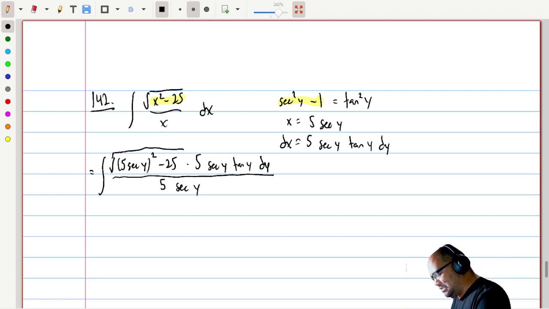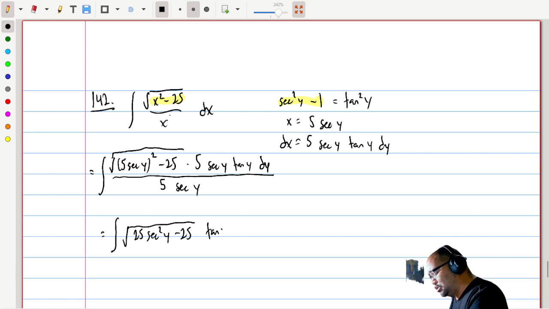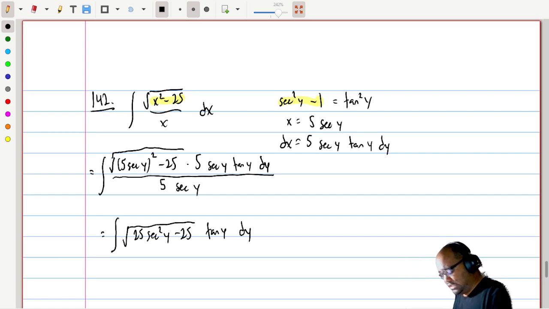Thankfully, I see some stuff that vanishes here. So the 5 secant y's will drop. On the inside of the square root, I have square root of 25 secant squared y minus 25 times tangent of y dy.